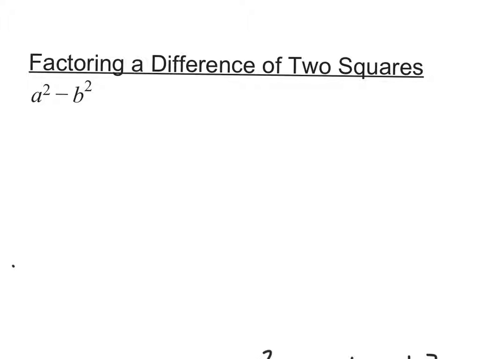And multiply to be b. So we have to have opposites, right? So like we did in the warm-up, we're going to have a plus b times a minus b. Those are the factors for a squared minus b squared.